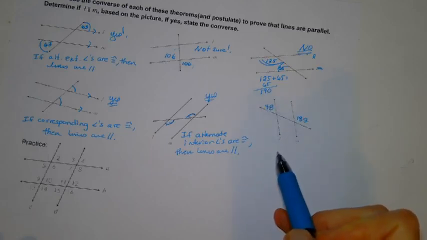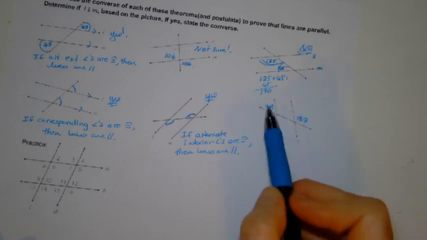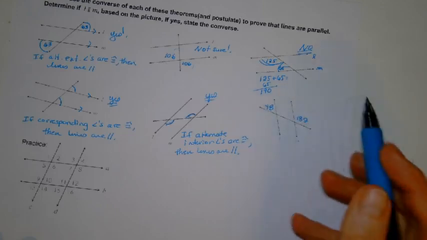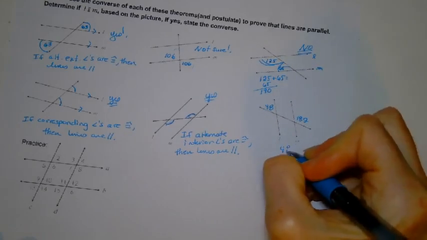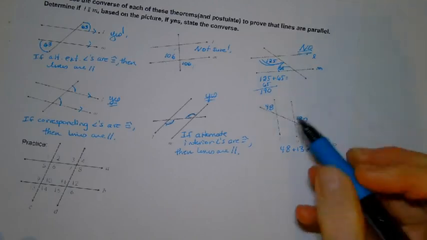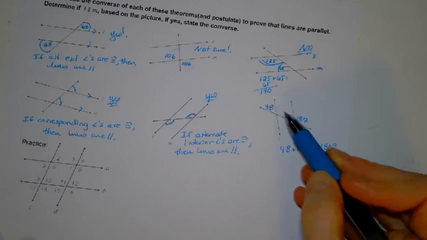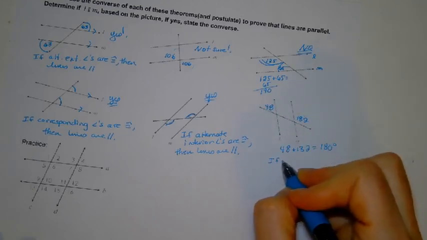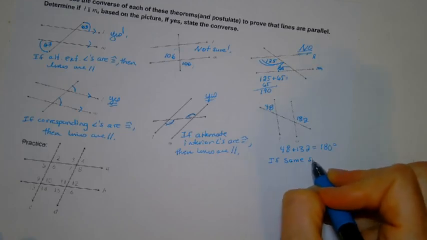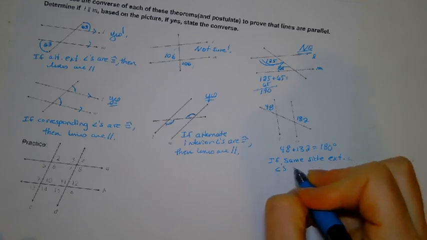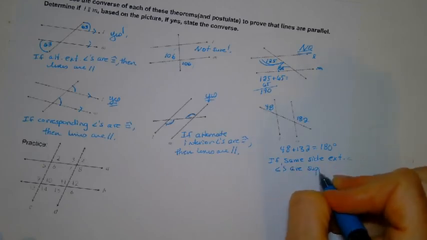Let's add them up and see if they add up to 180. 48 plus 132 equals 180. Since these two angles are on the same side and they're supplementary, the lines are parallel. So if same side exterior angles are supplementary, then lines are parallel.